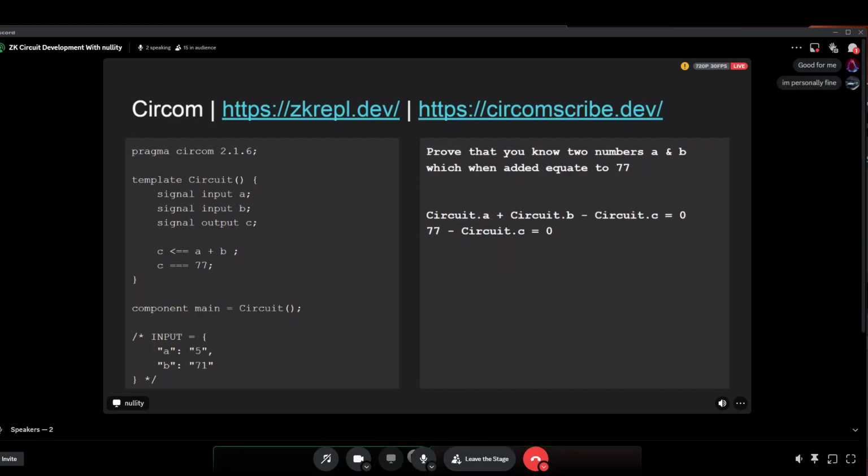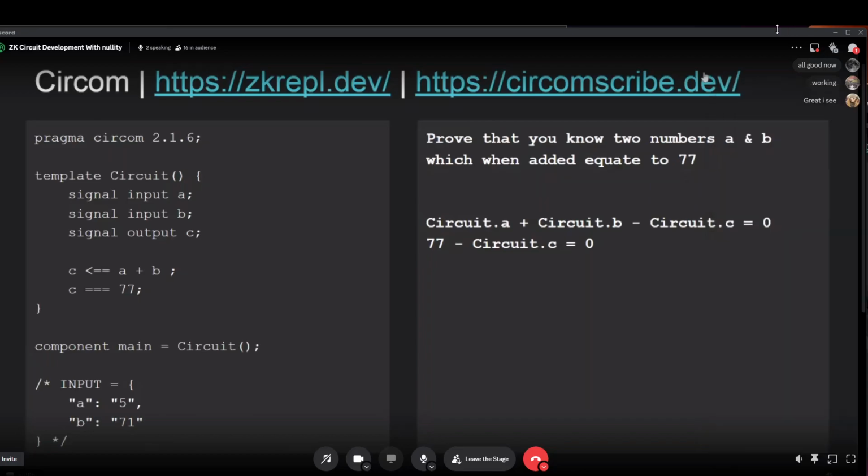So you would come across this term constraints a lot. So let's just say constraints are limitations or bounds. So to generate a valid proof, you have to satisfy all the constraints.